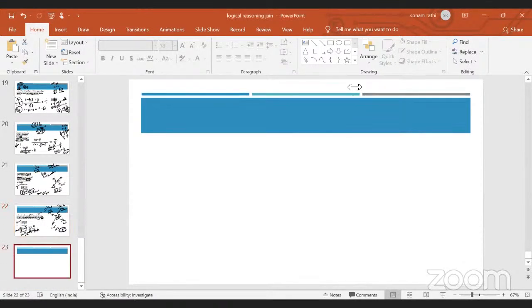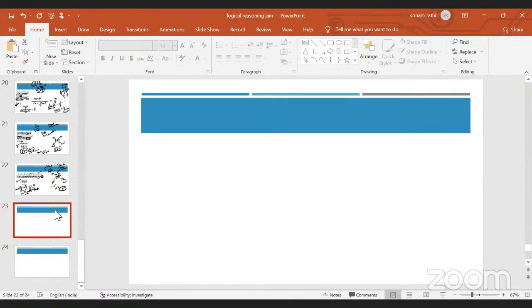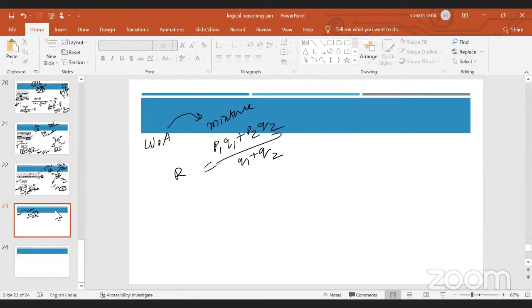So today, what we have learned, we learned 2-3 important things. First important thing is that you can use the weighted average formula for mixtures, right? That is (P1Q1 + P2Q2) divided by (Q1 + Q2) is the resultant price.